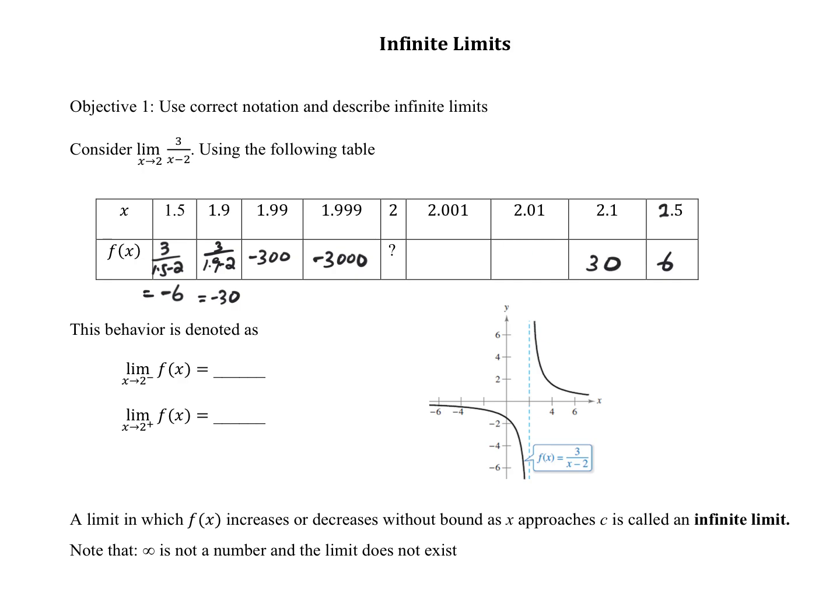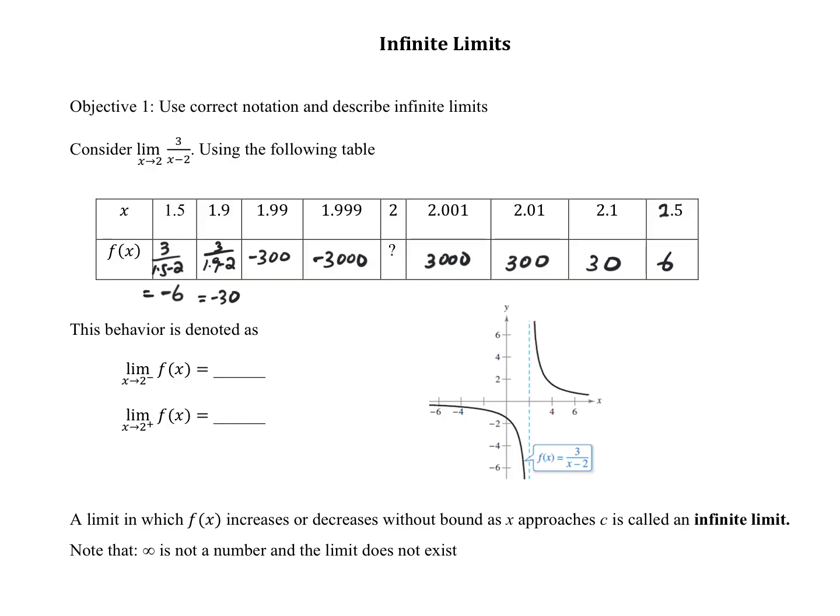Similarly, you can quickly verify, this will be 300, and this is 3,000. Graph-wise, we can see that when x is approaching 2 from the right, the values of y are getting larger and larger. It's going up indefinitely.